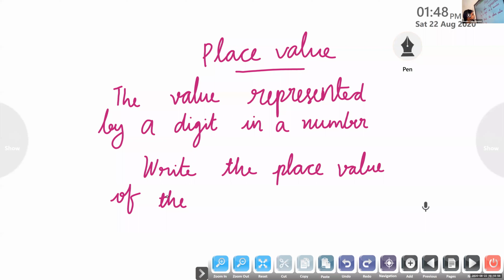So write the place value of the encircled digit.